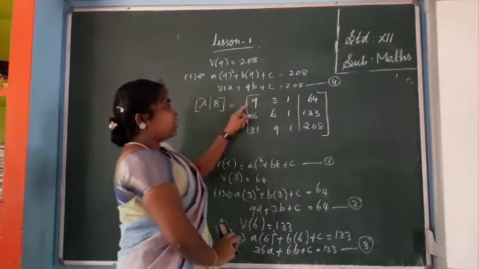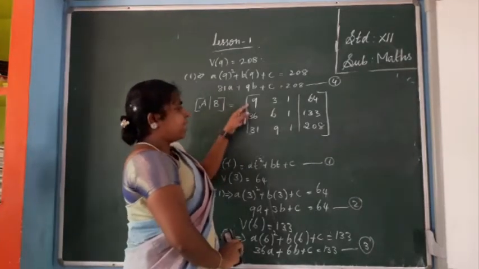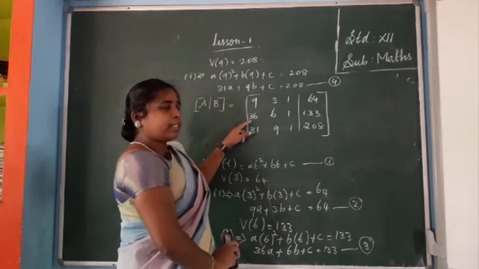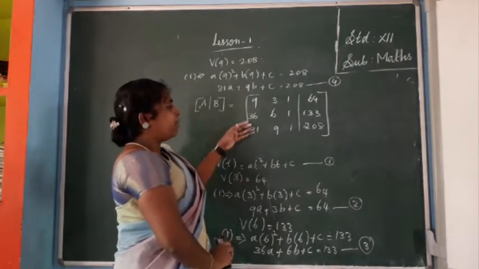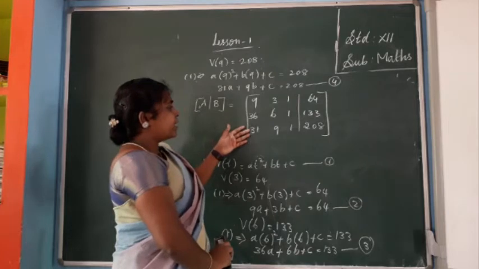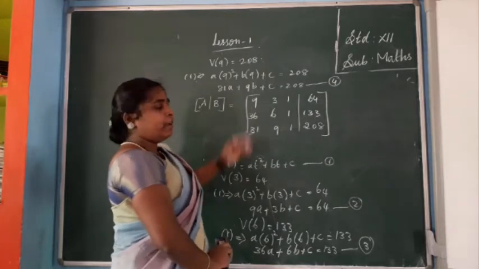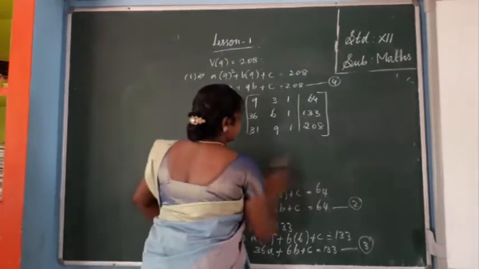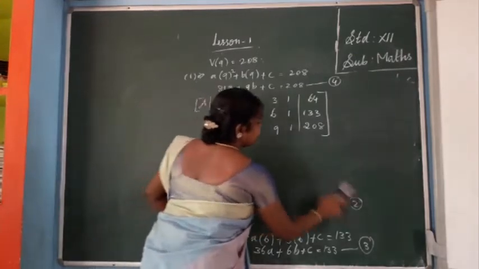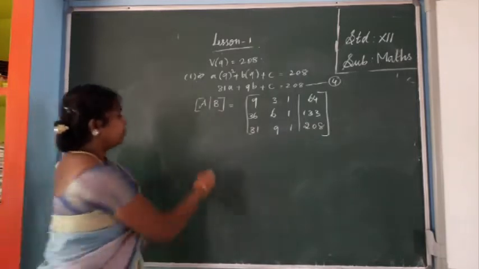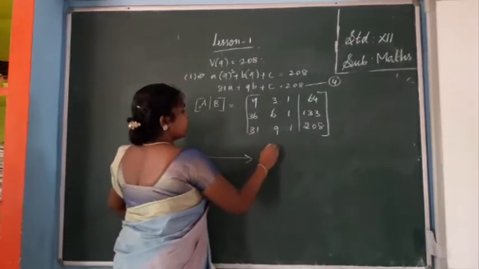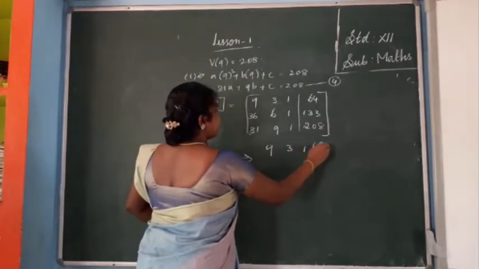In the first place we need 1 non-zero element. Yes, it is there. Then instead of 36 we need 0, and instead of 81 also we need 0. So you have to eliminate 36 and 81 using the first row. First row, no change.